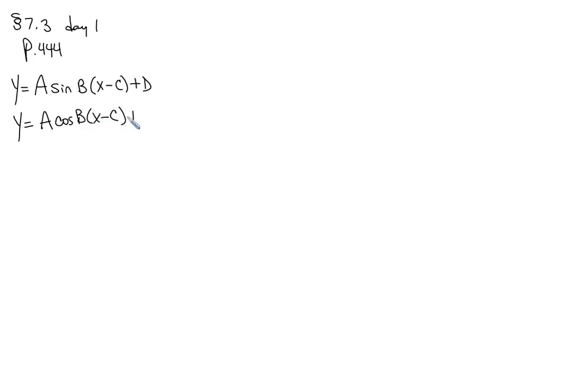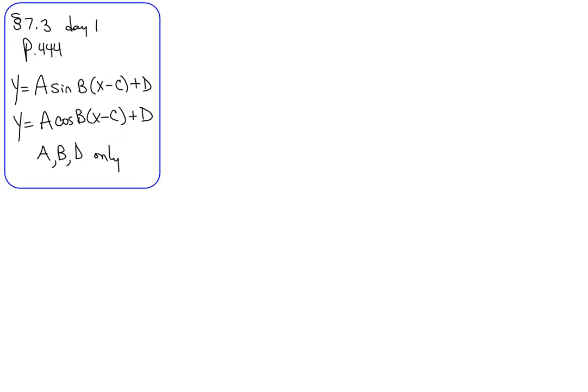Each of these letters represents a number that is going to be introduced to our equation, which creates a transformation. What we're going to do today is talk about A, B, and D only. We're going to talk about C tomorrow. So this is all we're talking about today: A, B, and D in these 2 forms.